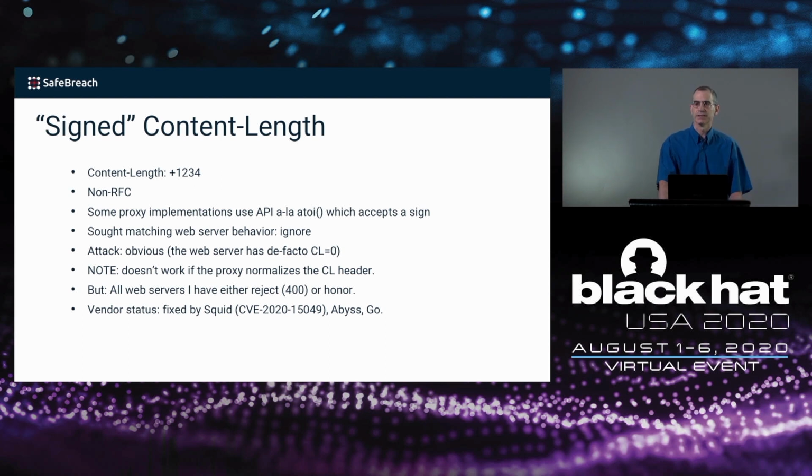The web server has de facto content length 0, whereas the proxy server sees 1, 2, 3, 4. This doesn't work, of course, if the proxy normalizes the content length header before forwarding it to the web server. All the web servers I have either reject or honor this request as is. So no good here. I reported it to several proxy vendors. It was fixed by Squid, Abyss, and Go.